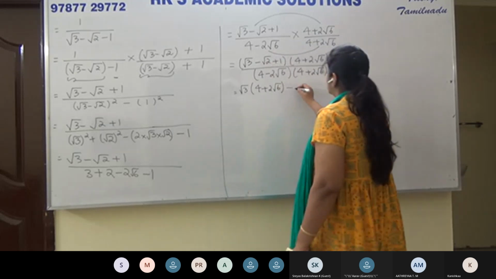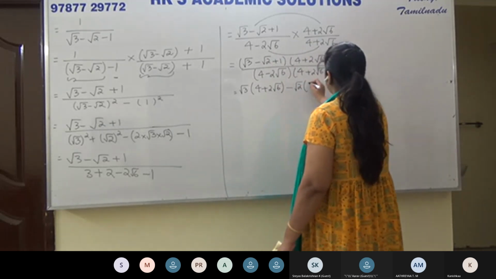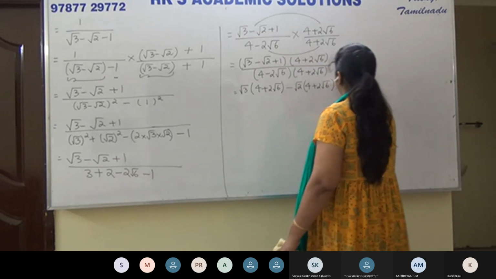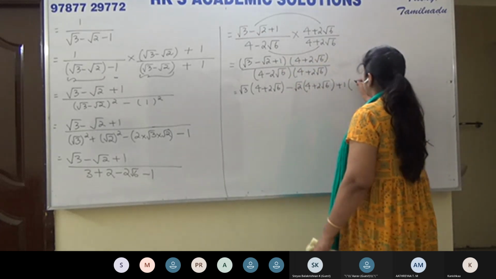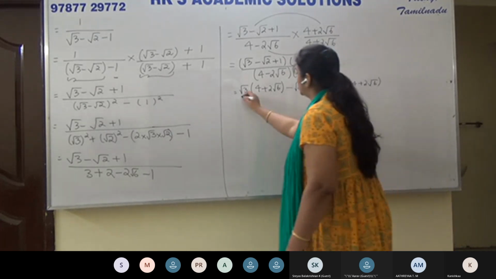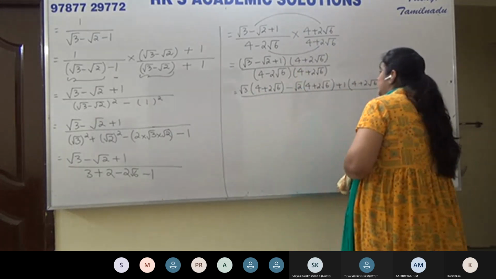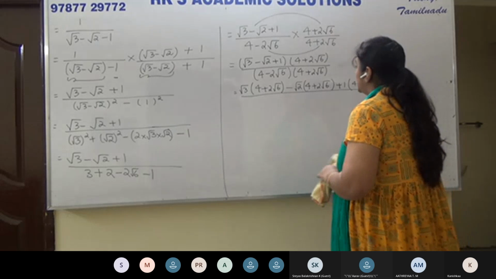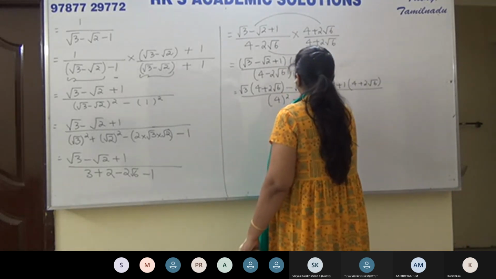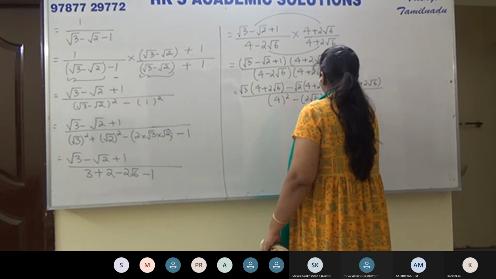The second term, minus root 2, with the second bracket 4 plus 2 root 6. The third term, plus 1, with the second bracket 4 plus 2 root 6. Divided by a minus b into a plus b, which is a squared minus b squared. So 4 squared minus 2 root 6 the whole square.